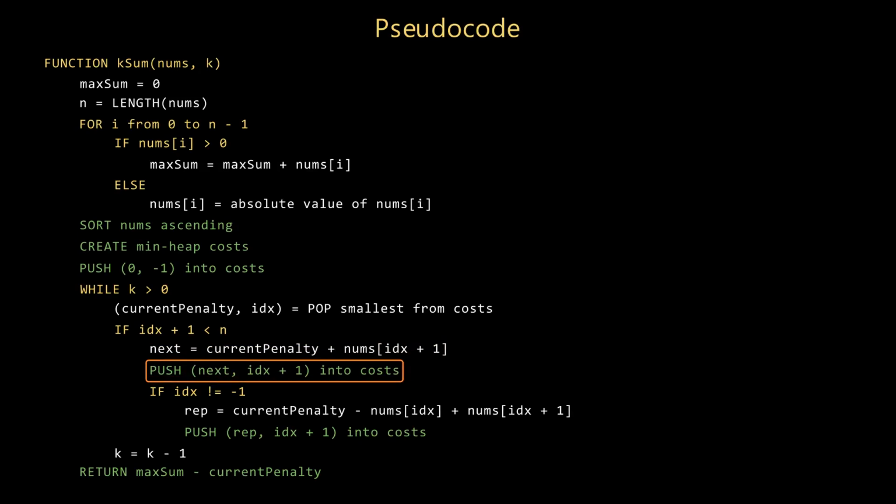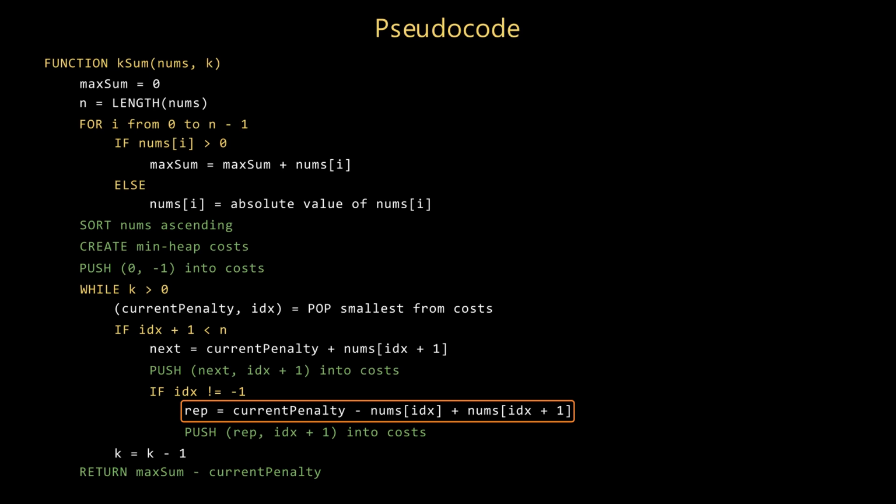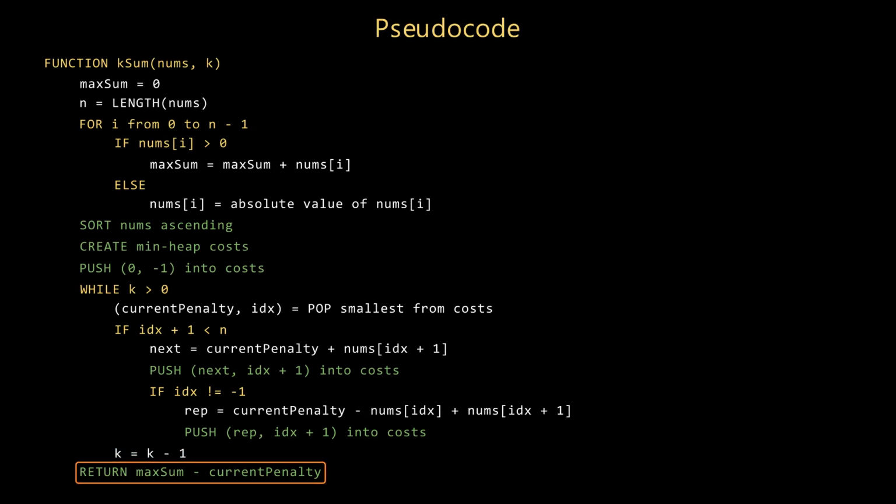Push that include state with index idx plus 1. If idx is not -1, compute the replace penalty, subtract nums at idx, add nums at idx plus 1. Push that replace state with the same new index. Decrement k by 1. Return max sum minus current penalty.